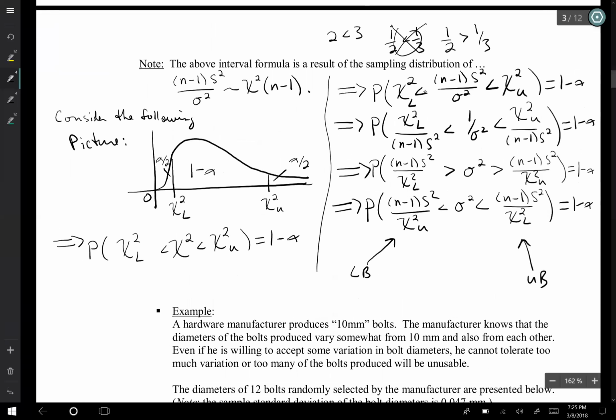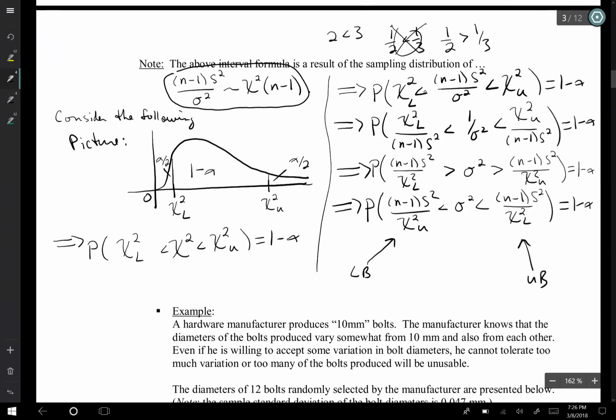If we start with n minus 1 times s squared over sigma squared being distributed chi-squared with n minus 1 degrees of freedom, then we can set up a probability statement that says that quantity is going to be bounded below by a lower chi-squared percentile and above by an upper chi-squared percentile.